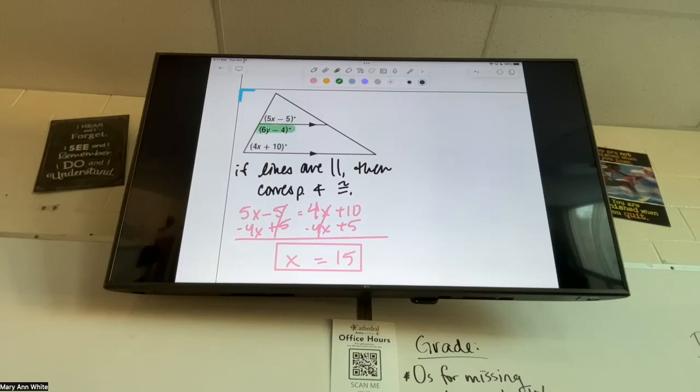Which x do you want to use and what's my relationship between the y angle and the x angle? Which one should we use? We use 5x minus 5.